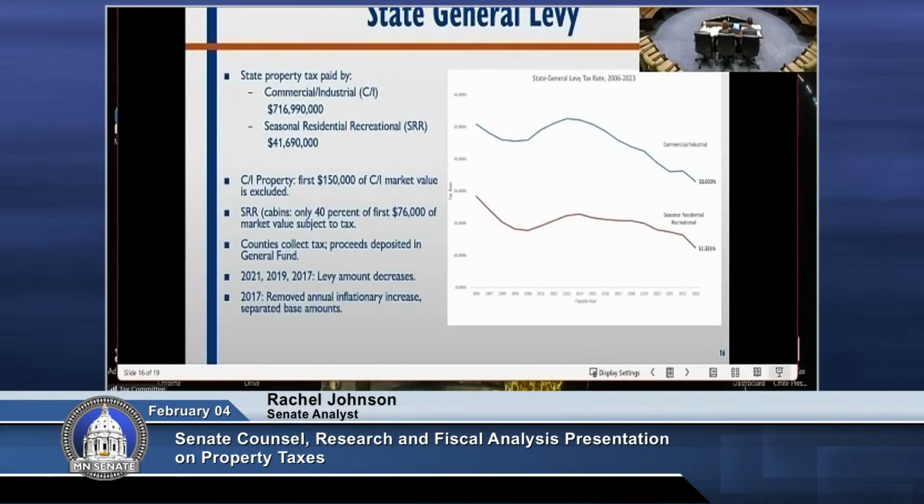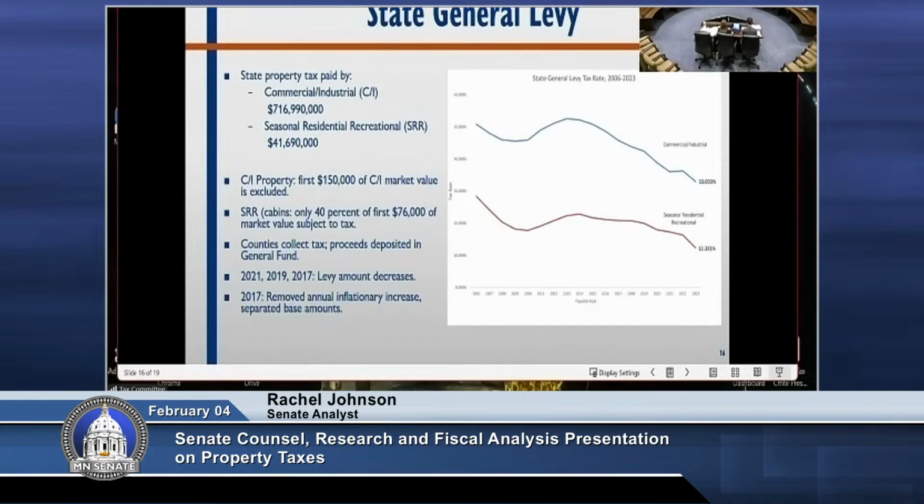The CI levy is about $717 million, and the seasonal rec levy is about $42 million. For CI property, the first $150,000 of market value is excluded, and for the seasonal recreation levy, specifically for cabins, only 40% of the first $76,000 in market value is subject to tax.